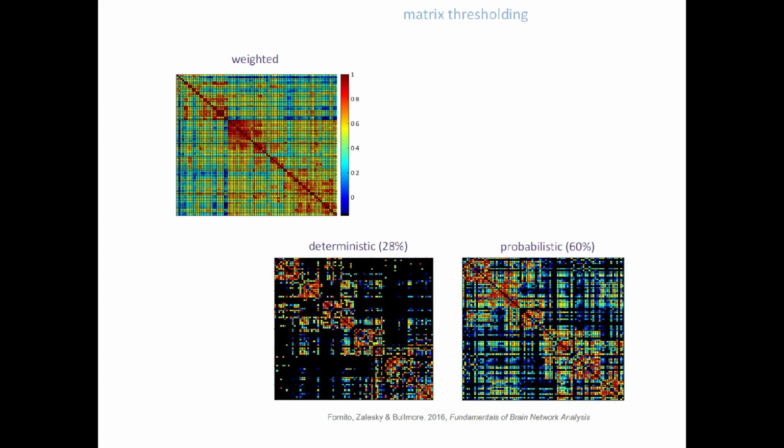If I use a probabilistic tractography method, which again, as I said, are more sensitive but also more prone to false positives, then I end up with a network with 60%. This is the same person. And so this is where thresholding becomes important. Again, this is a limitation of our measurement techniques. Things like diffusion MRI and fMRI are quite noisy, and so this is where thresholding can become important.